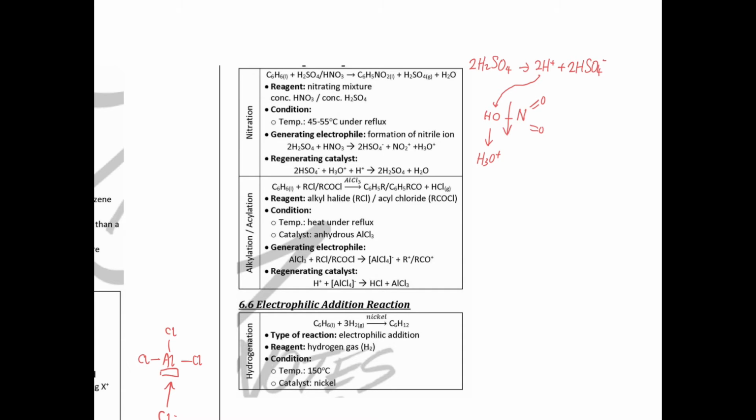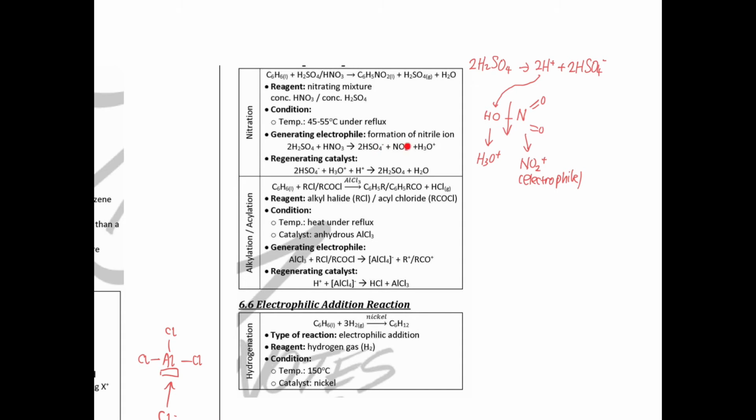That's why, in the generating electrophile information, there is H3O positive: the two hydrogens and the OH form H3O positive. Whereas this other part forms NO2 positive. That is the electrophile. You can see it in the notes also.